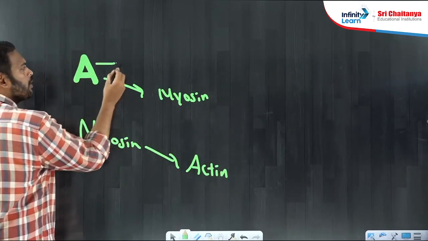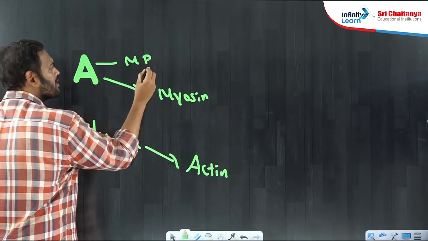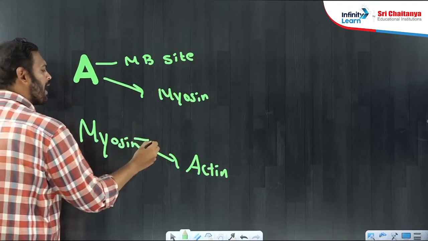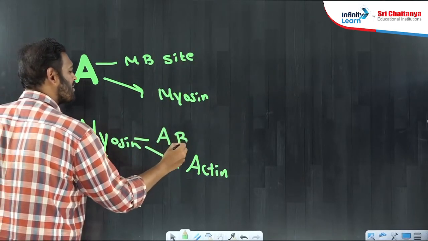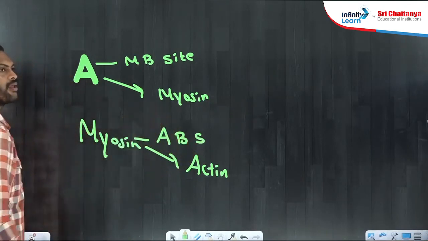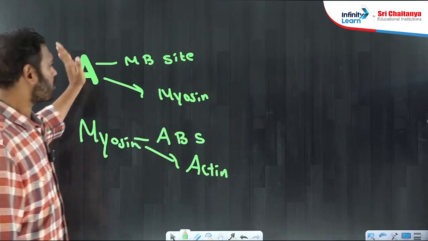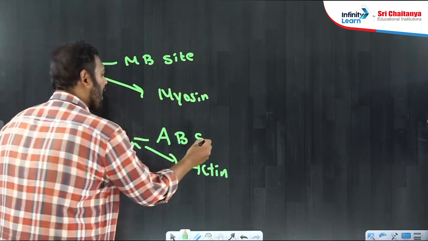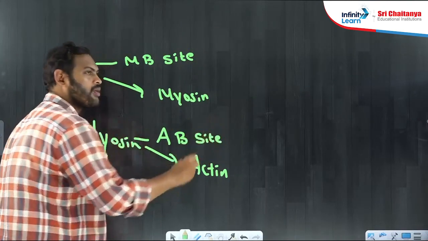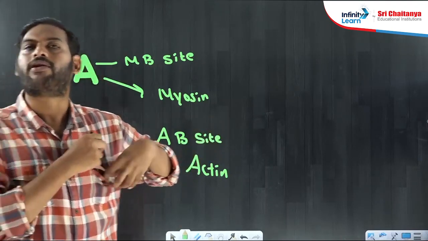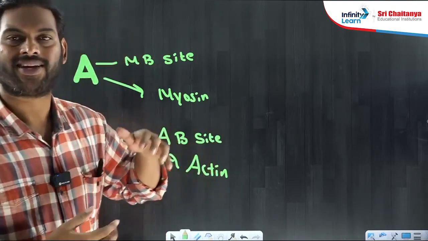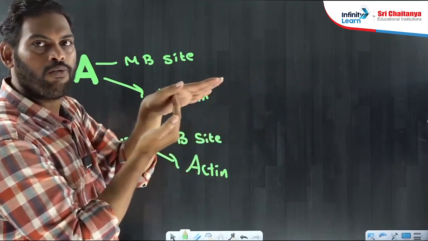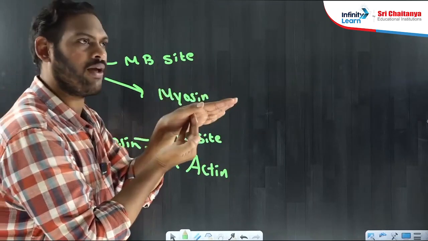Actin has got a myosin binding site, whereas myosin has got an actin binding site. During muscle contraction, thin and thick filaments will touch and pull each other. I will tell you again.